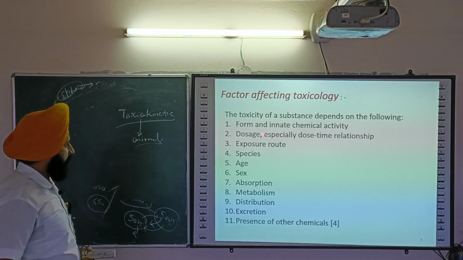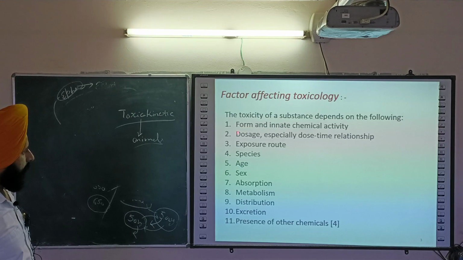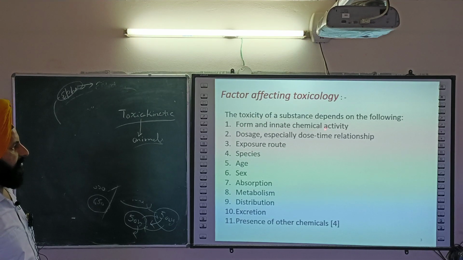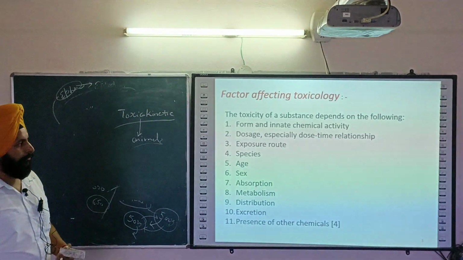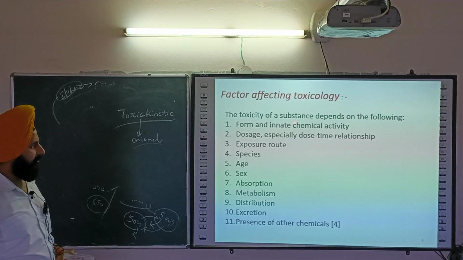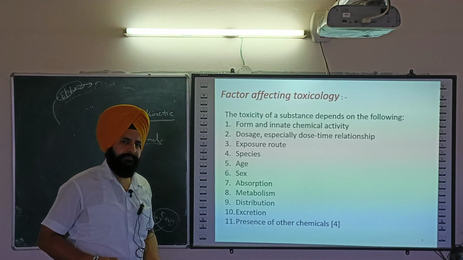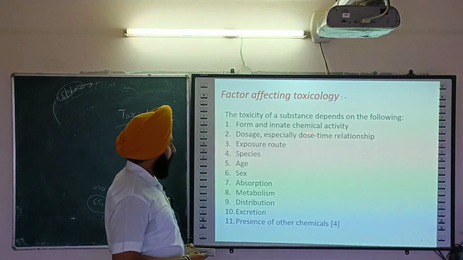Now what are the factors which affect toxicology? Firstly, form and innate chemical activity. That means the chemical which you are using, which form it is in, and what type of innate chemical activity it has.